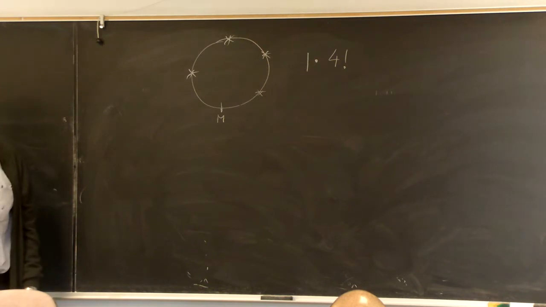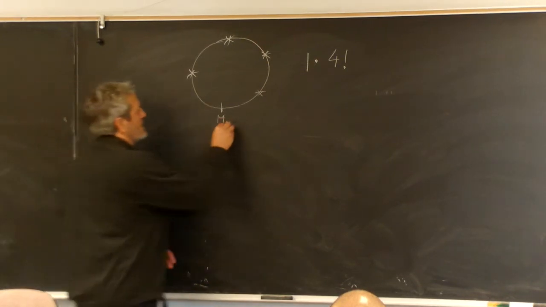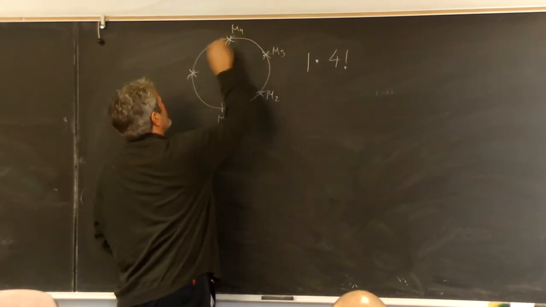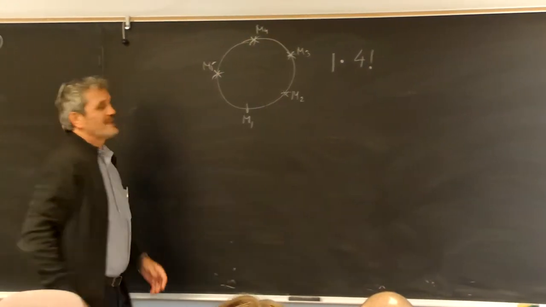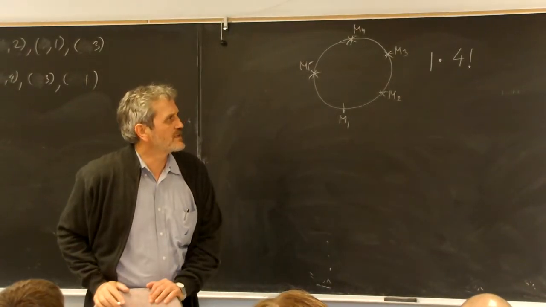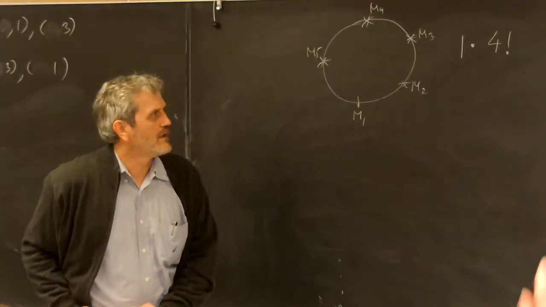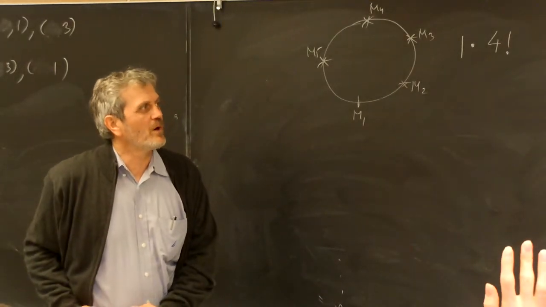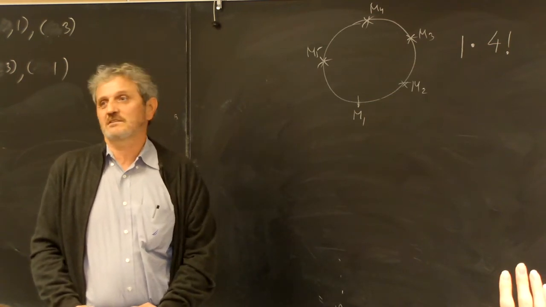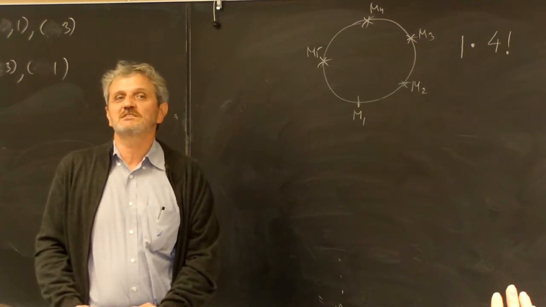So what happens with the women now? Here's man 1 from the first couple, second, third, fourth, and then what? Let me read carefully. If the men and the women are supposed to occupy alternate seats, did I say in the text that men should sit next to their wives?